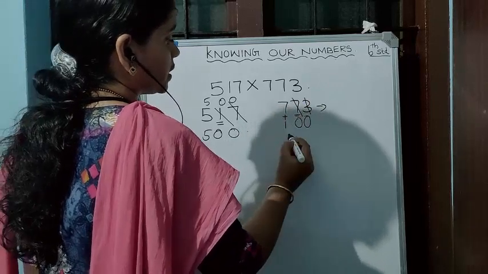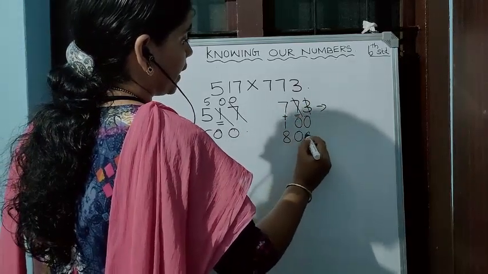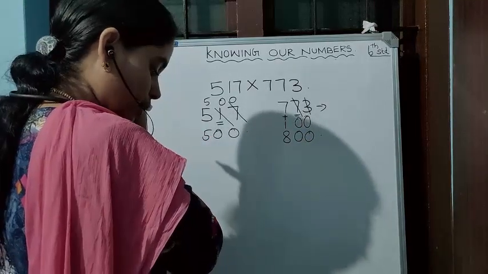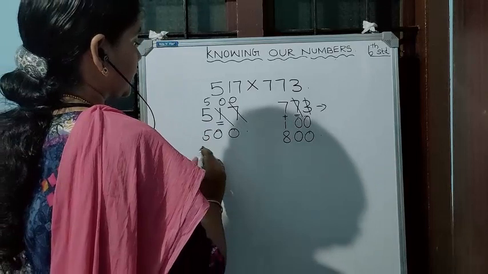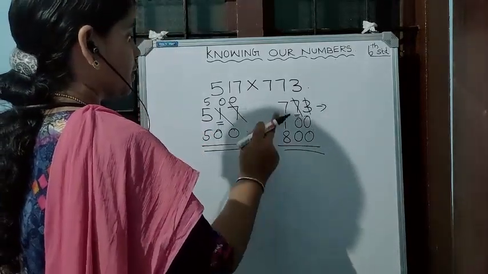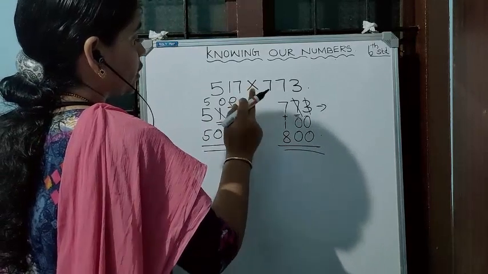So 7 plus 1 is equal to 8 and write down 0, 0. These are the estimated numbers. Now we are going to find its product.